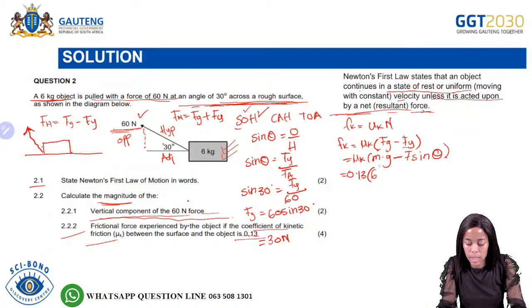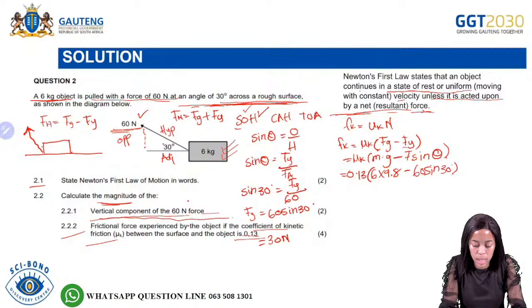So you will then write it, copy and paste from your data sheet as 9.8. And then you have your force from the components, which is given as 60 sine 30 degrees. The 30 degrees is the very same angle that you were given there.